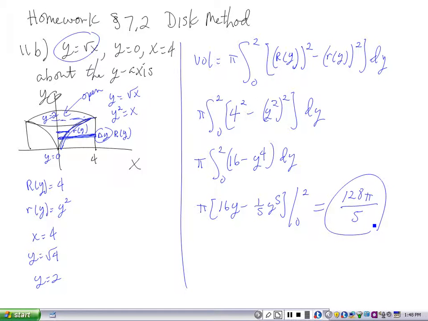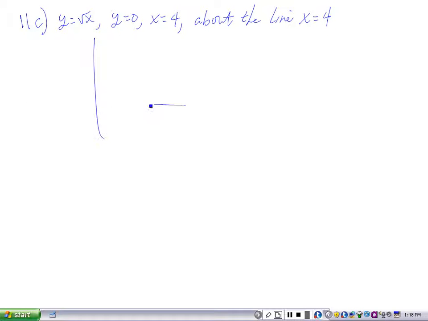Let's look at part C of that. Here we have y equal to the square root of x, y equal to 0, x equal to 4. Now this time about the line x equal to 4.